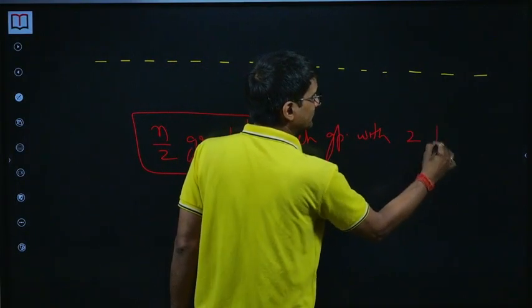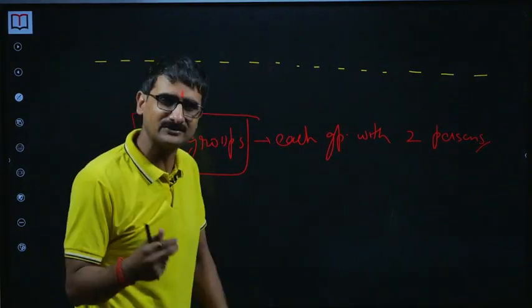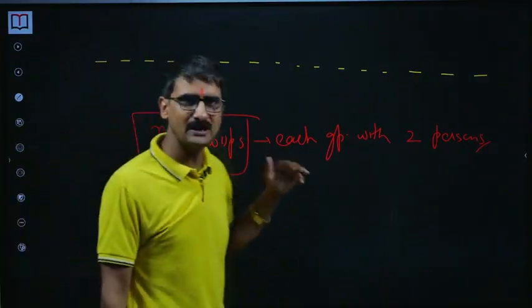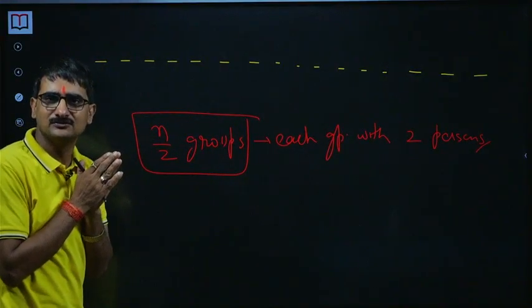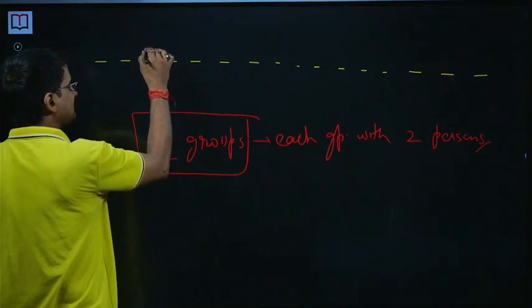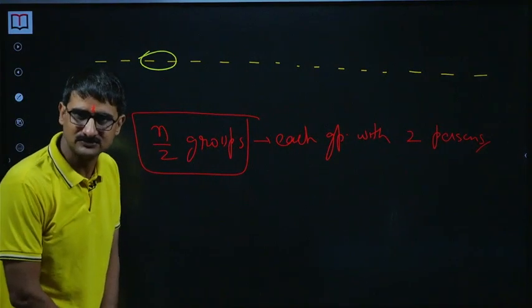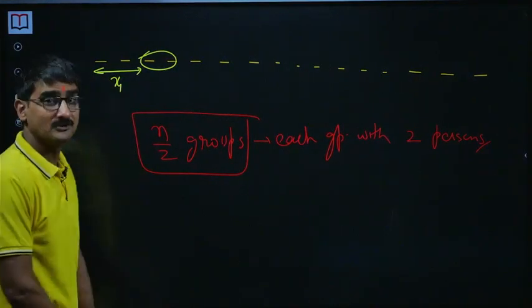So when you make them sit, of course, a group will occupy 2 places because each group has 2 persons. In totality we have to seat n persons. Now if you have to distribute these n by 2 groups, let's say I selected this as one pair of chairs for the first group. Before that, I am left with x1 chairs.